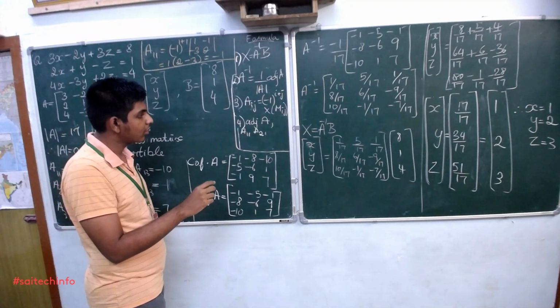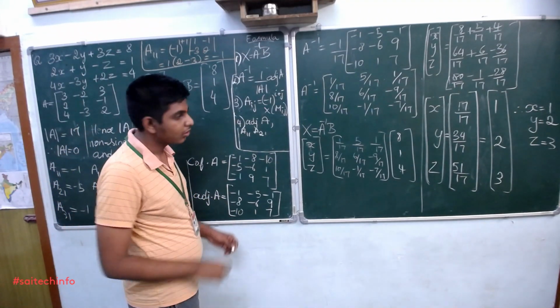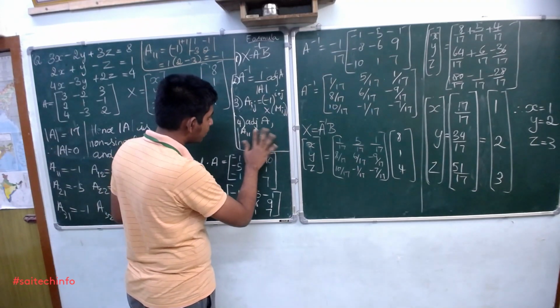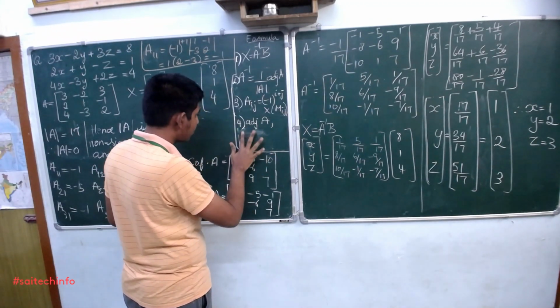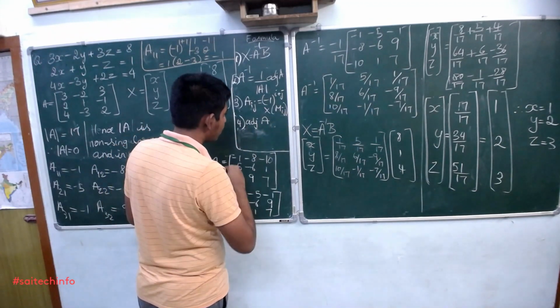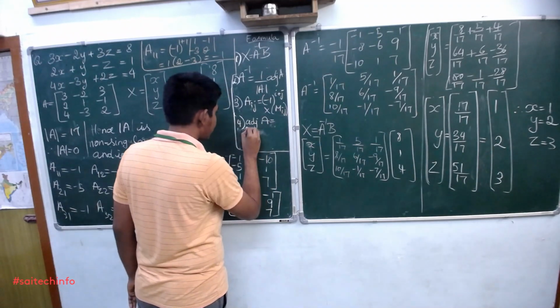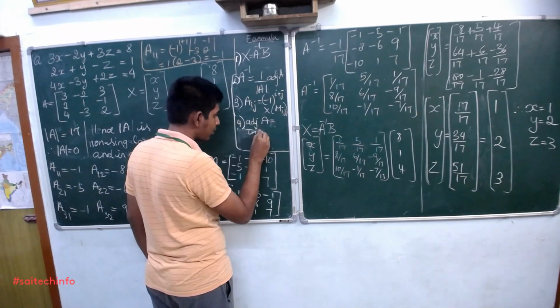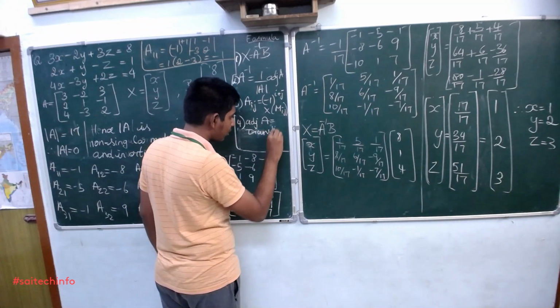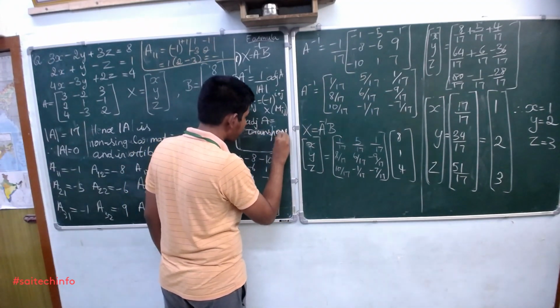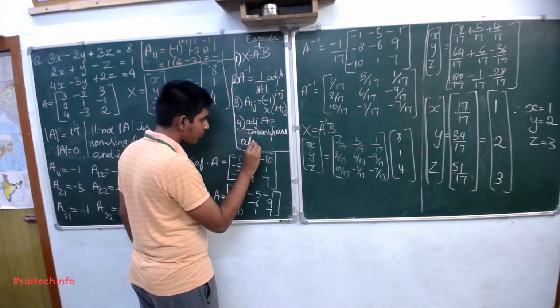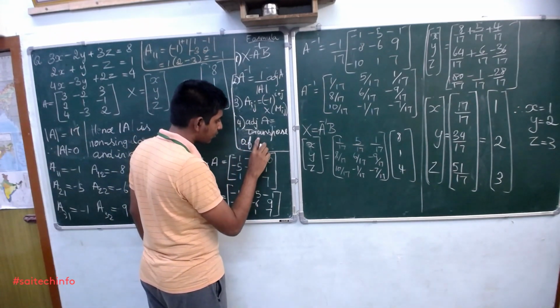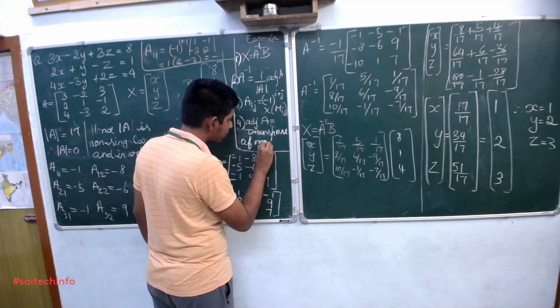Adjoint of A is nothing but the transpose of the matrix of cofactors. Am I right? Sure.